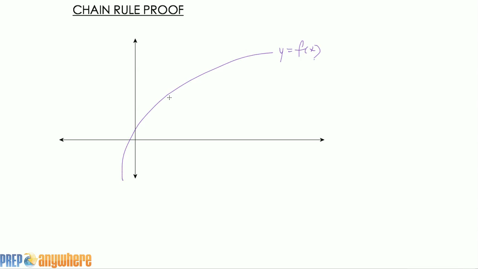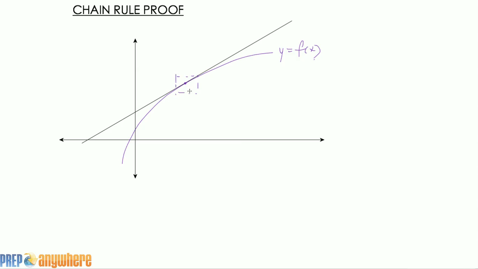The function is curvy. There's different things that happen. But if we look at only a small portion of the function, a very small part, then doesn't the tangent line at that point and the function itself look very similar?